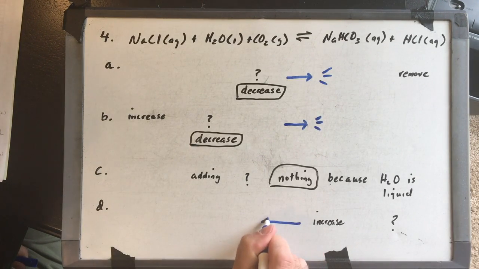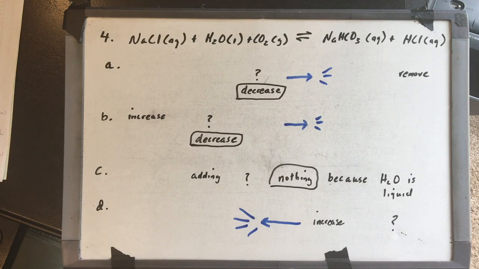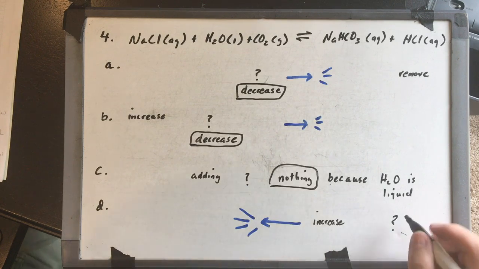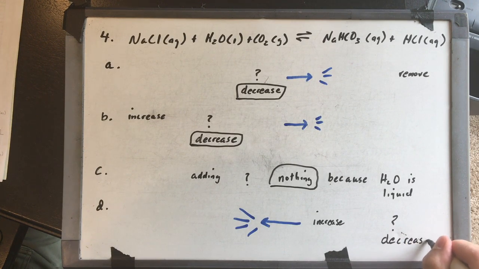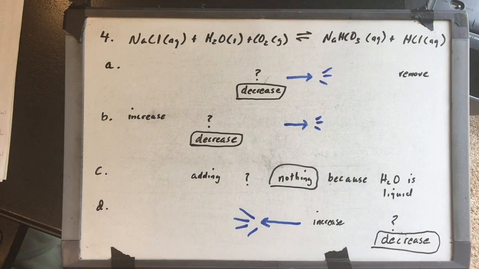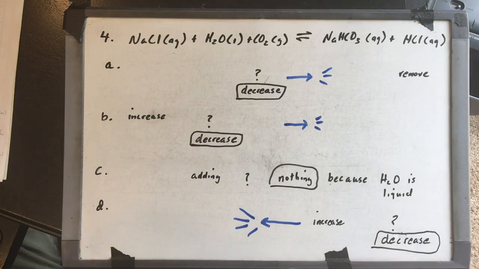Okay, so we're going to shoot the arrow this way. The winner gets the arrow. They're going to shoot it the other way. Well, what's that going to do? If it's shooting the other way, that's going to decrease the concentration of HCl. All right, so the answers are decrease, decrease, nothing, and decrease for part 4.